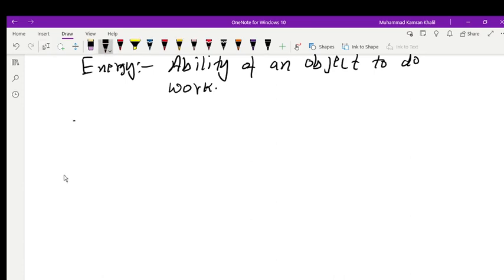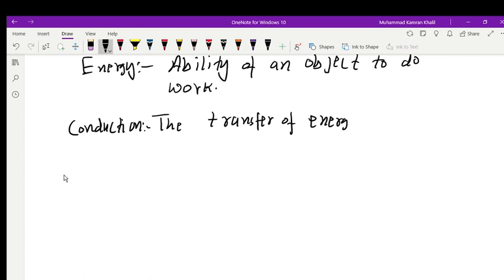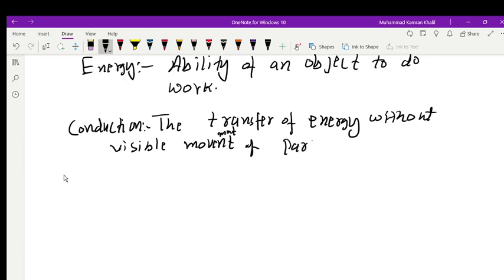So for conduction, the transfer of energy without visible movement of the particles.